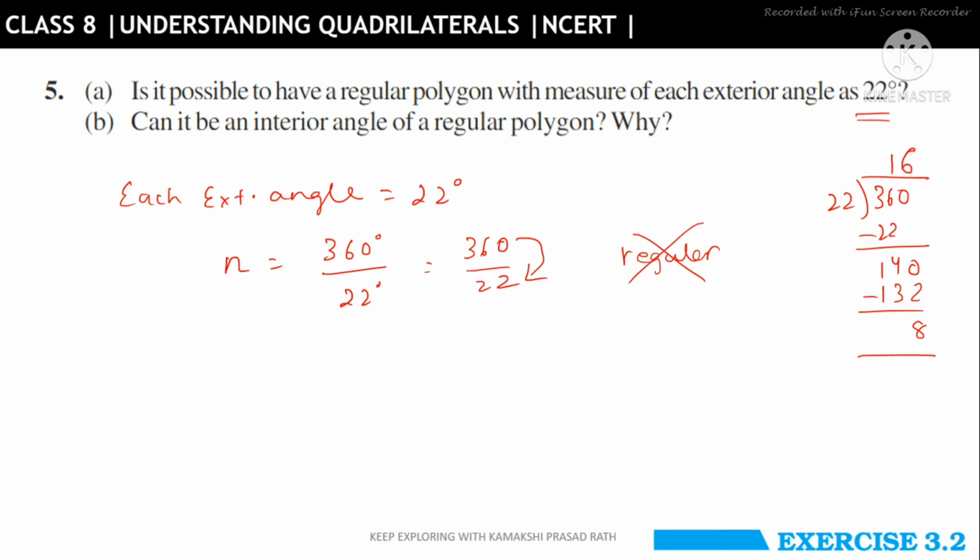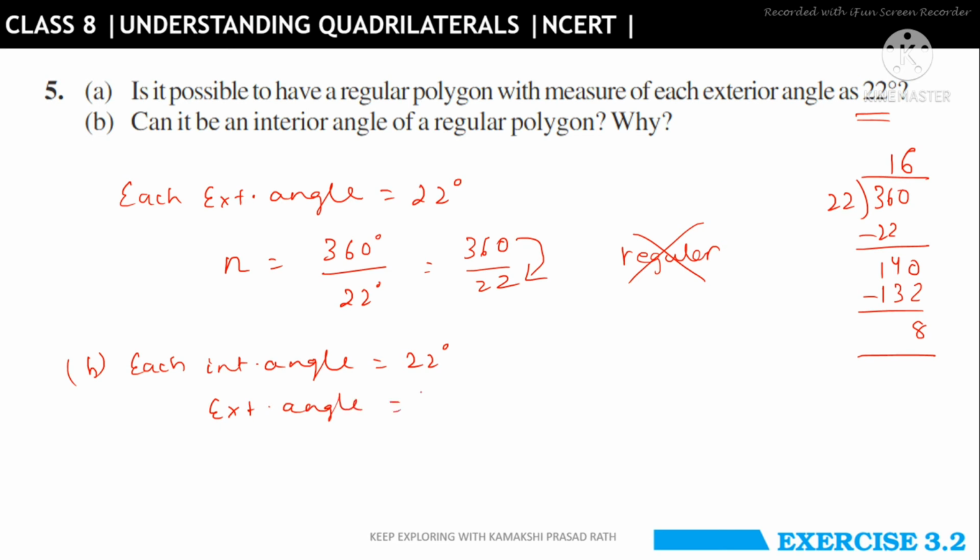Next, can it be an interior angle of a regular polygon? Let's see here. Let us assume each interior angle is 22 degrees. Now, exterior angle will be how much?